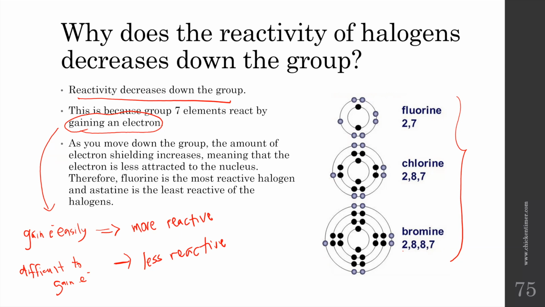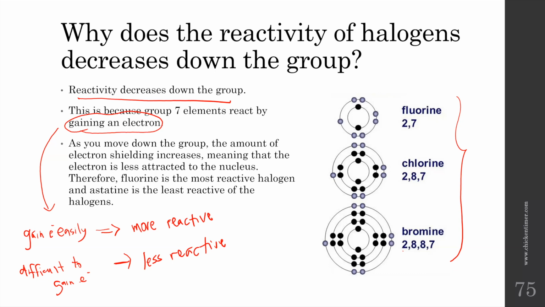So that means the atom is smaller. So it is easier for the nucleus of fluorine to attract an electron. You agree with that? So it's easier for fluorine to get an electron.